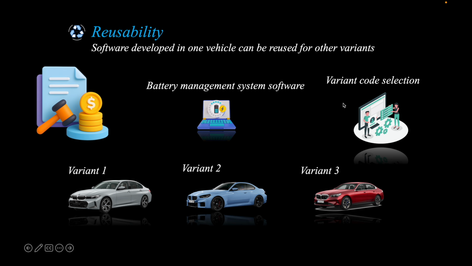That is done with the help of variant coding, and with the variant coding concept, you can update the same software but with different behavior in different vehicles. So this is the concept of reusability that Autosar gives. You develop one software and then use it for all the vehicles that you have. This is the basic case of reusability in Autosar. The same software you use for multiple cars.